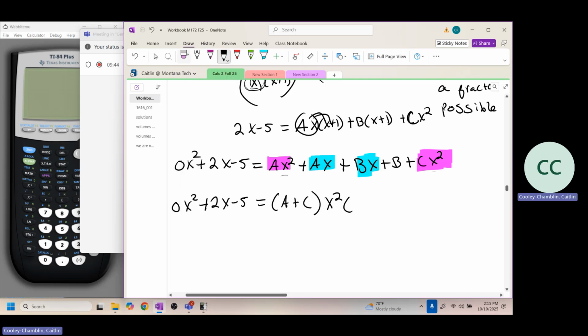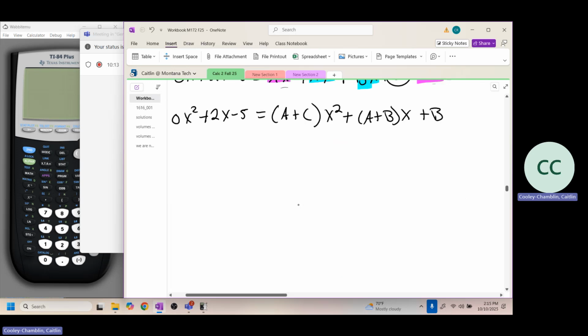So I have plus a plus b x, and then everything that's not an x, or an x squared by itself is just b. I often tell students, go ahead and bring markers on the test. They'll really help.